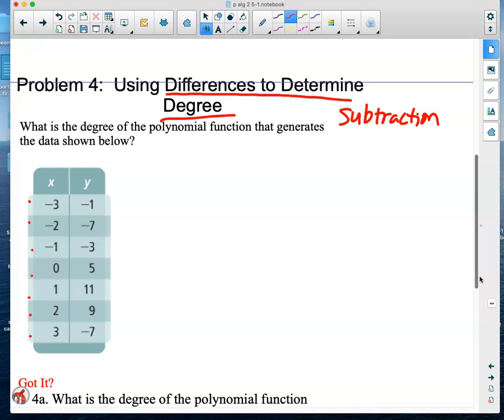We're going by ones here, and they're all going by ones. That's called an interval. The interval for each one of these is 1. That's great. Then you have to decide how you want to do your subtraction, from the top down or from the bottom up. But once you pick that, you can't change. You have to go the same way for every single one.